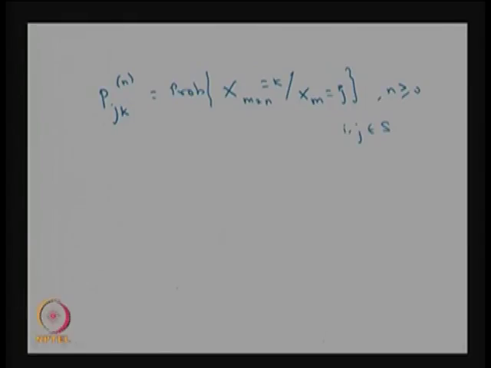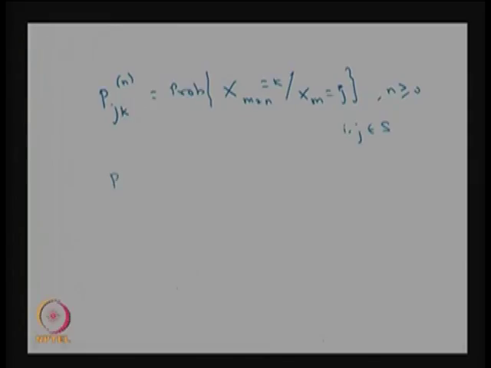We denote it as the conditional probability p_{j,k} of n, where j, k belong to S, the state space, and n can take values greater than or equal to 0.